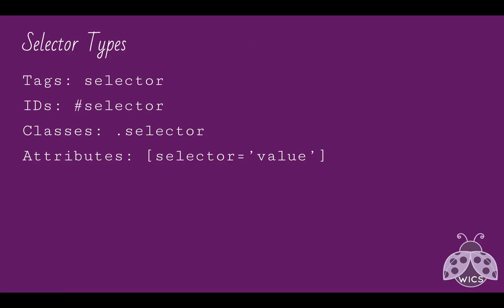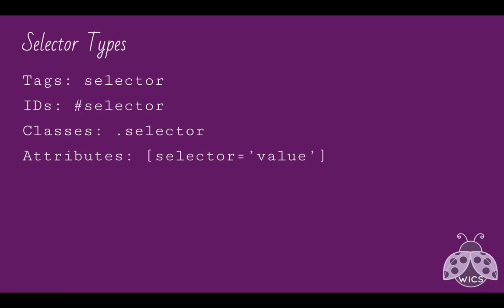Under that, IDs, the way to select an ID is to have the hash or a number sign before the selector name. So if our ID was, let's say, name table, ID equals name table in HTML.